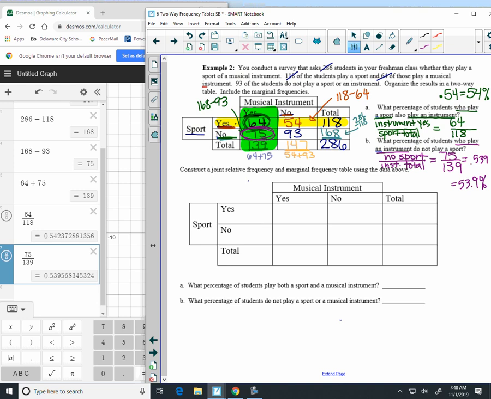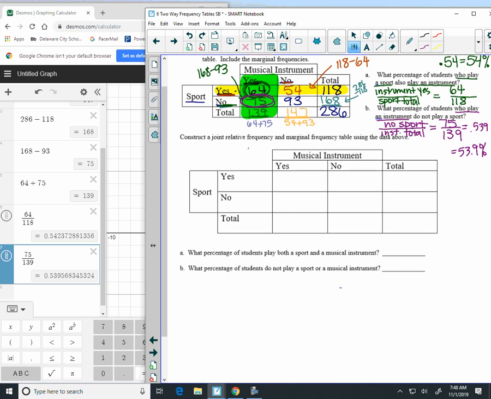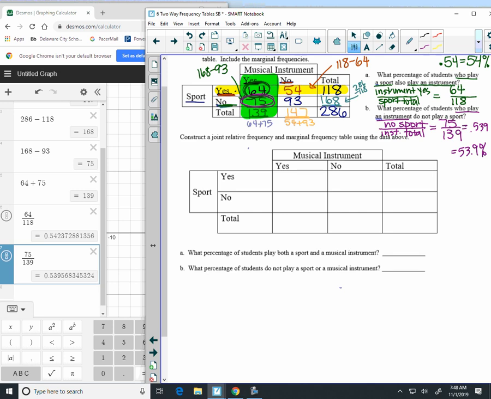All right. So now we're asked to construct a marginal frequency table. Remember the joint relative frequency table and a marginal frequency table. So here, for this, what we're doing is doing those percentages. So now instead of just having our raw data, we're making their percentages.